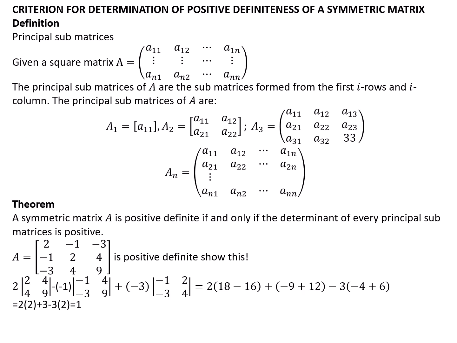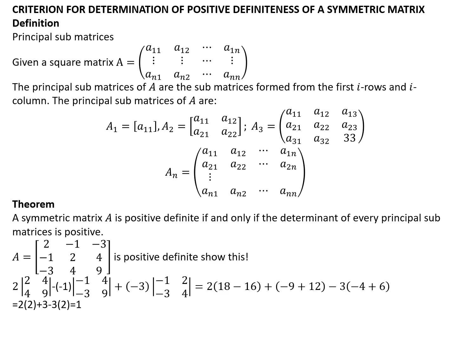So the next one, another subsection that we have here, is the criterion for determining the positive definiteness of a symmetric matrix. Definition now. Principal minors of a matrix.